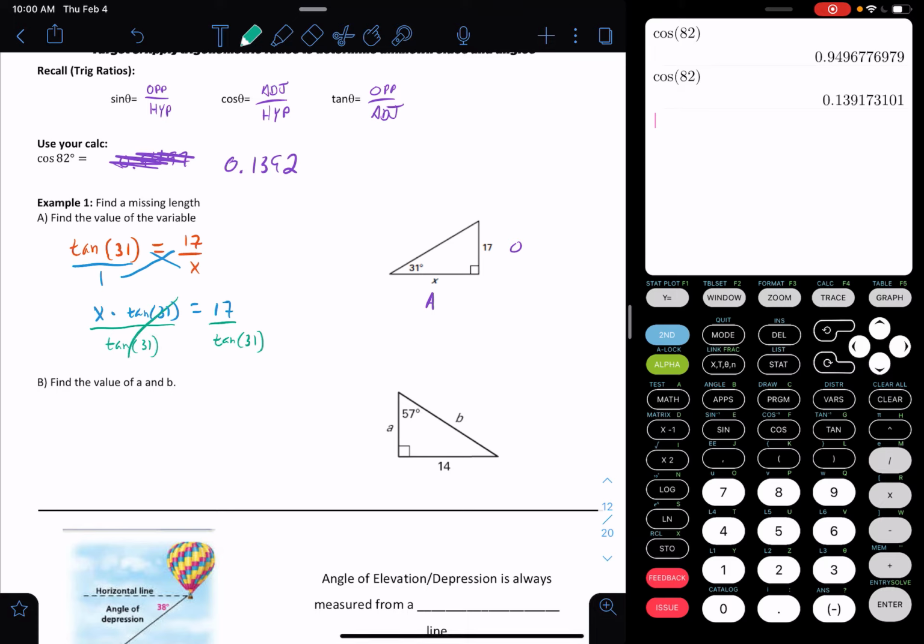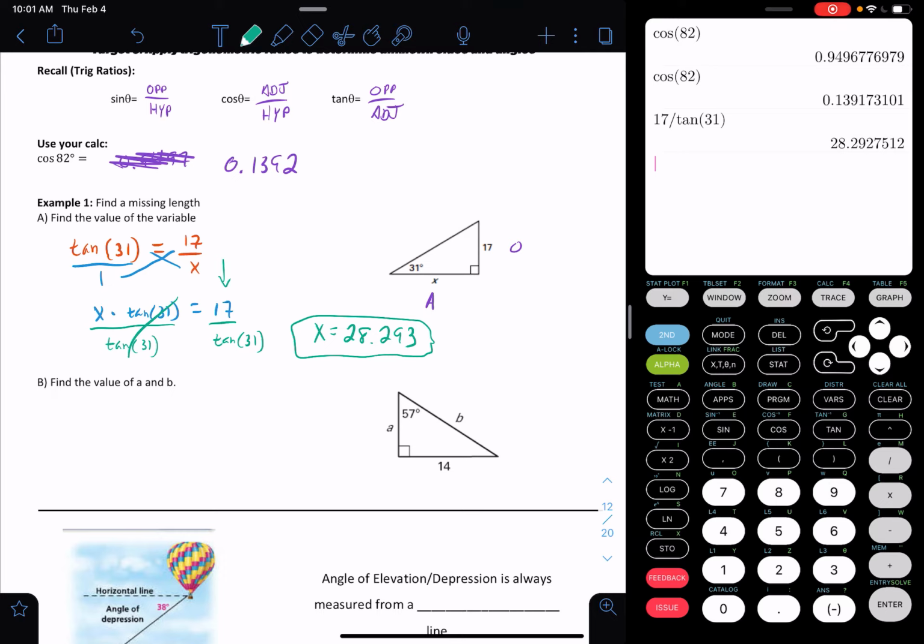So now I'm going to plug this into my calculator. So you see that over to the right. 17 divided by tangent of 31. X equals 28.293. Okay, so we plug that right into our calculator. 17 divided by tangent of 31.